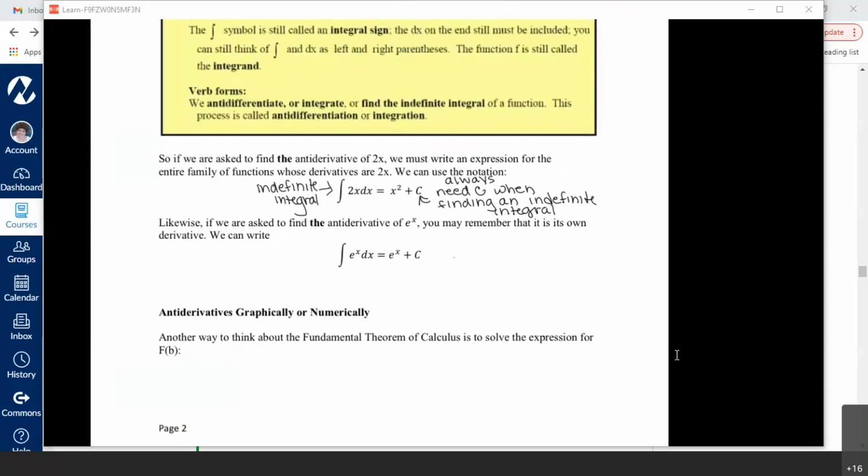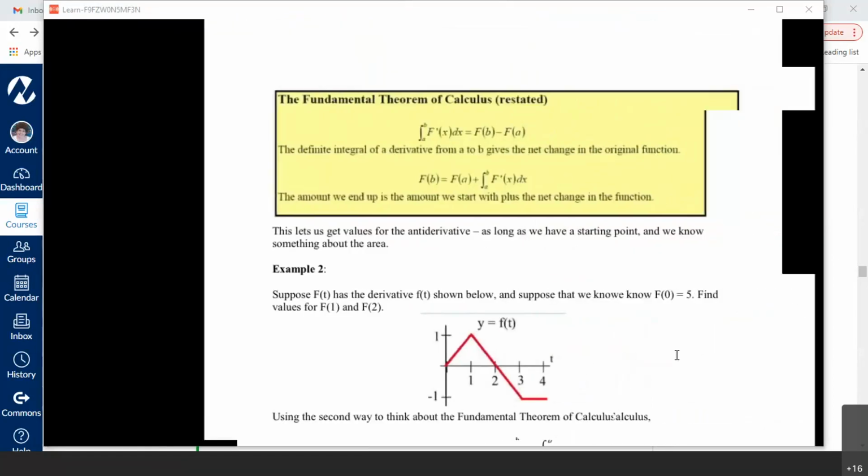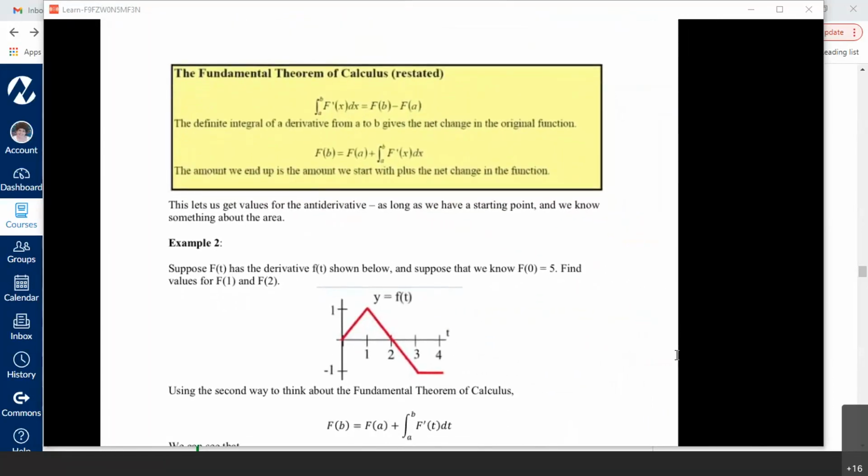Here's another way to think about figuring the fundamental theorem out. This is just a restatement. It's not anything different. If you take the definite integral of a rate, that is your antiderivative of your rate function evaluated at the upper bound b minus the antiderivative of the rate function evaluated at the lower bound a.